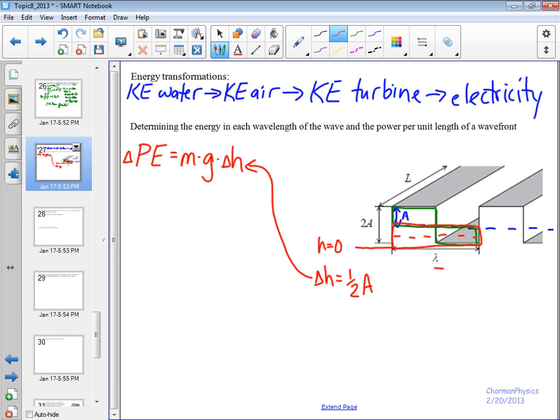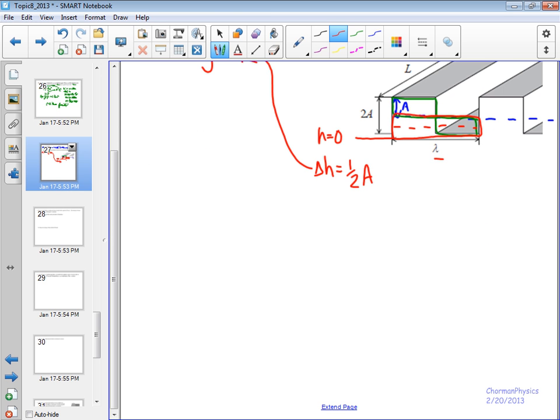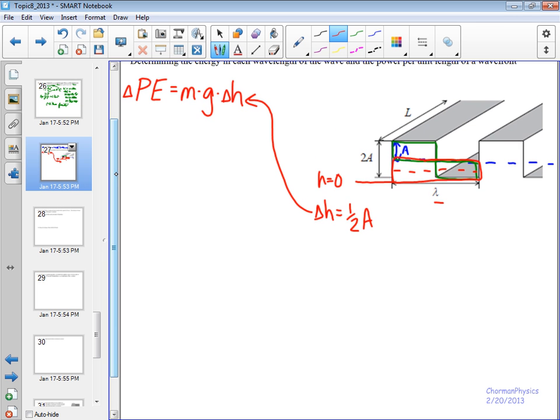And then the other piece that we would need here is the mass. So, since we're dealing with water here, we're going to be doing this density calculation again, all right? So let's start with the volume. The volume of water that we care about here, if we do this calculation, will be equal to the length of the wavefront times the height here times the width here.